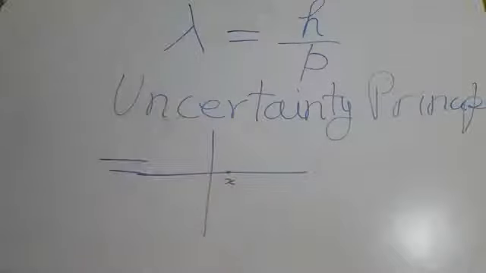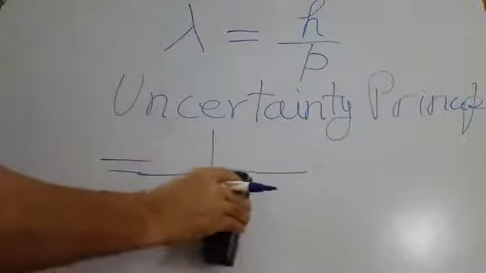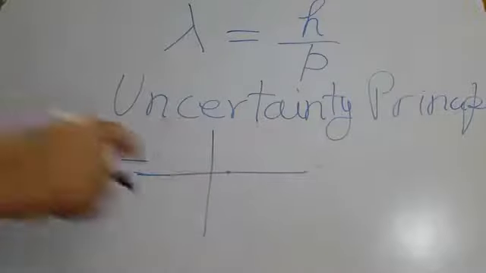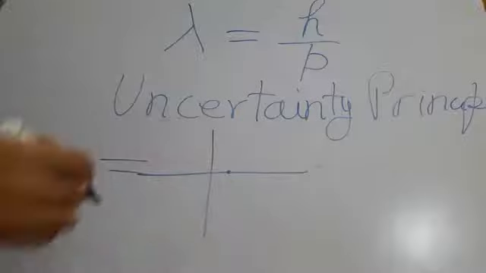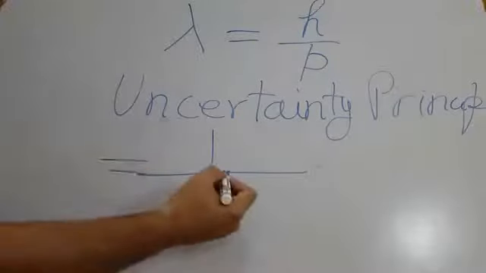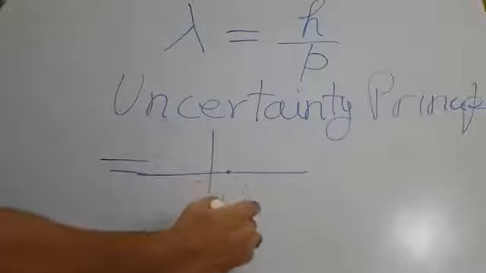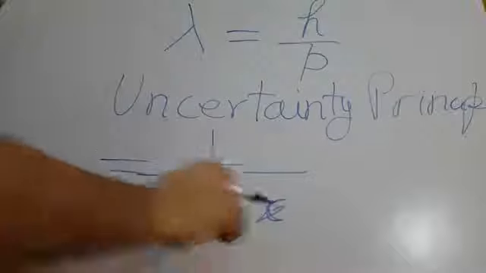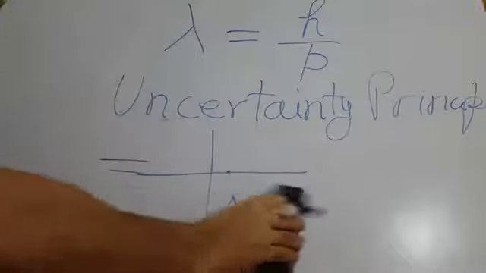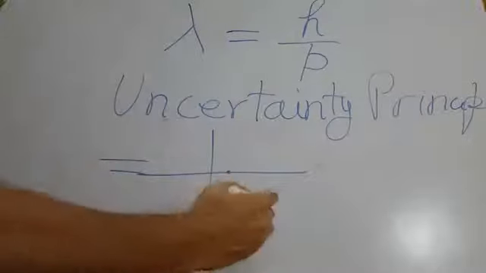We can calculate with uncertainty, means there would be uncertainty, and how much uncertainty, means delta x.